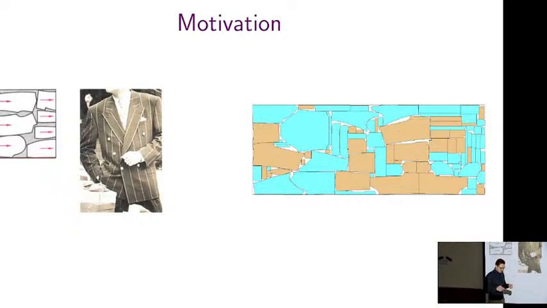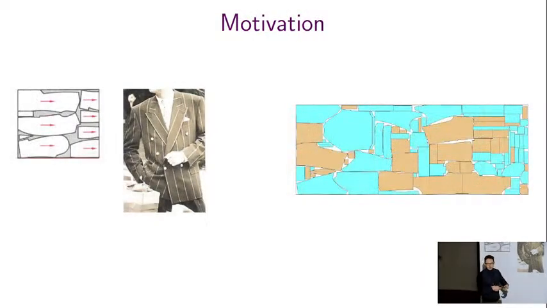So that means that the pieces are not allowed to be rotated. Because, for instance, if you look at this jacket, you have these nice vertical stripes. And if you had been rotating your pieces arbitrarily, then you would not have such a nice design. And even if there's no obvious pattern of the fabric, you can take a look at your clothing and see that the weaving, the fabric has a direction according to how it was made, and that implies that it should.